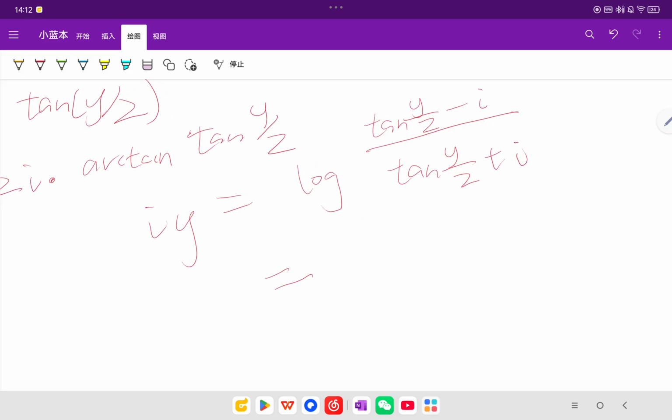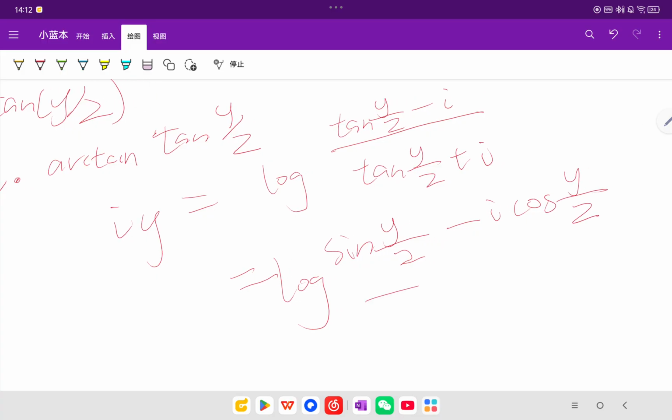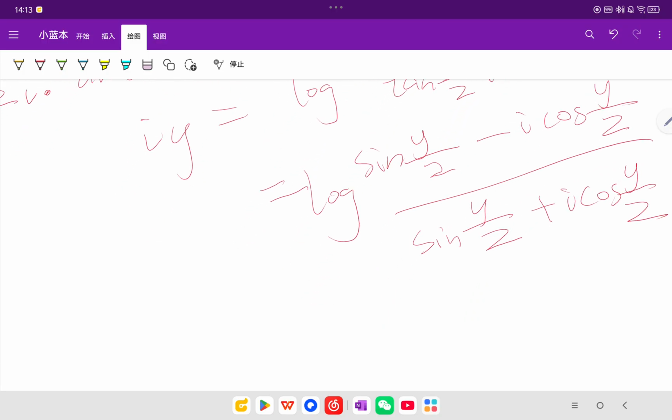We can multiply both sides of the fraction by cos y divided by 2, so we get log of sine y divided by 2 minus i cos y divided by 2, over sine y divided by 2 plus i cos y divided by 2. And we also have iy on the other side.